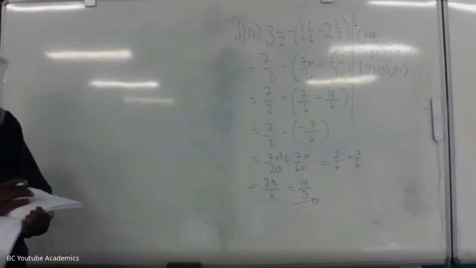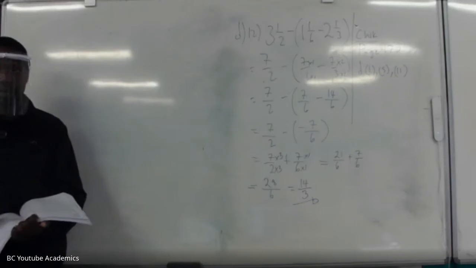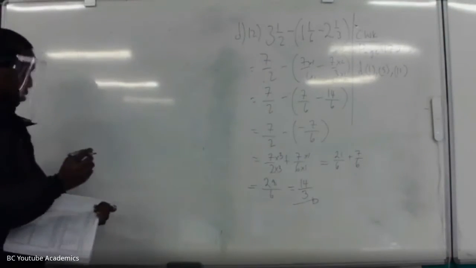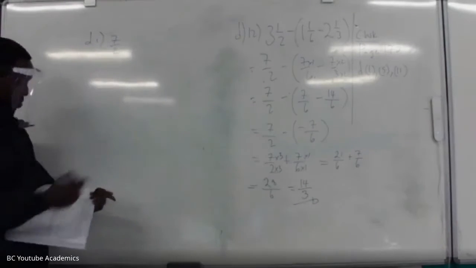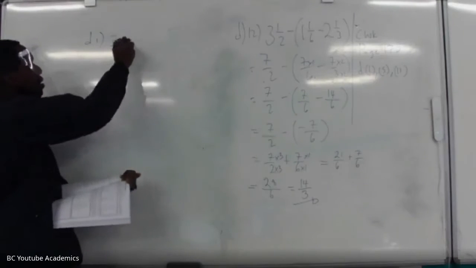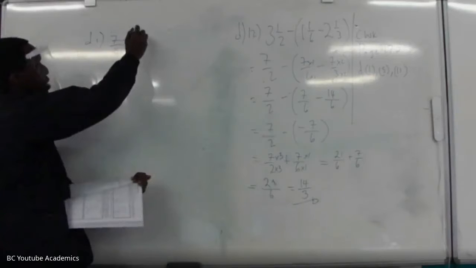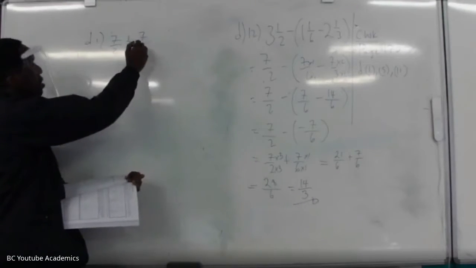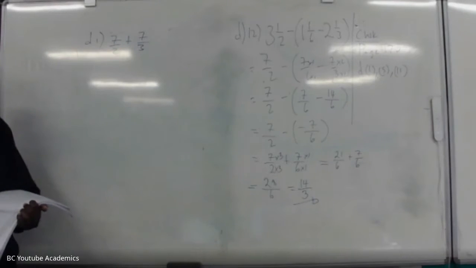So you simplify 3 and 3.5 to 7 over 2, plus 3 over 7, because you simplify 2 over 3. Sorry, you simplify 2 and 1/3 to become 7 over 3.